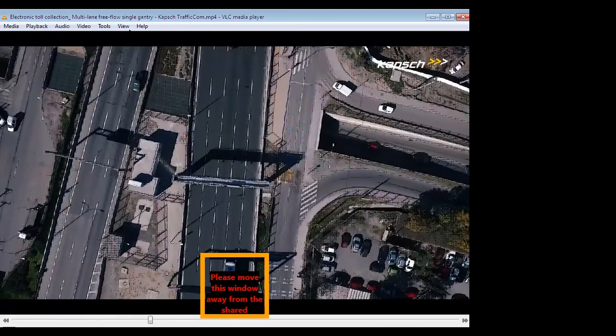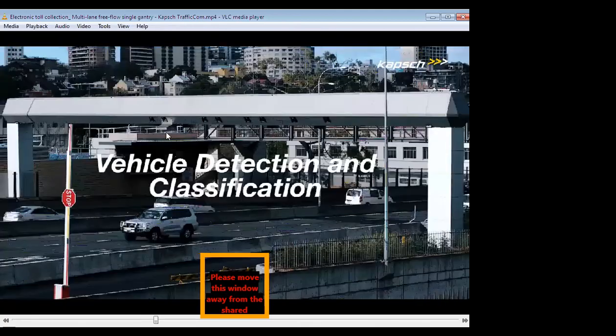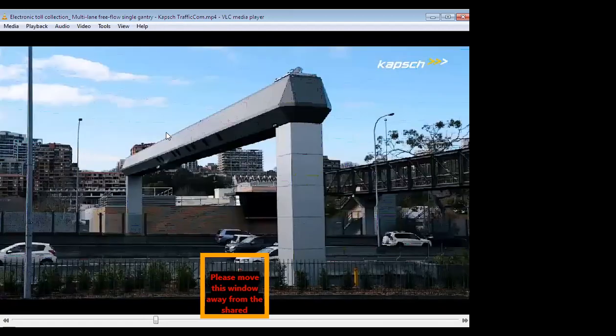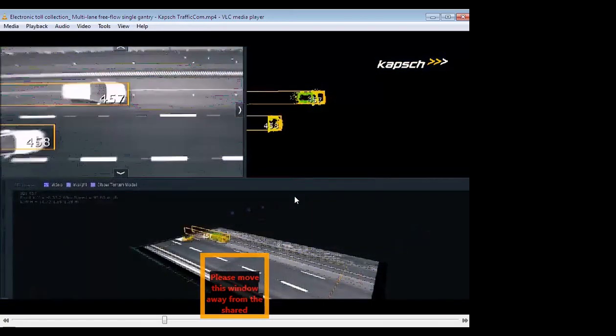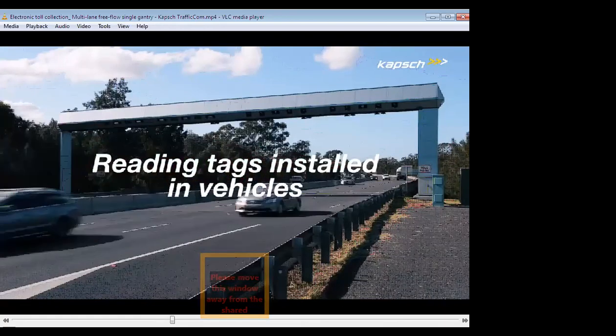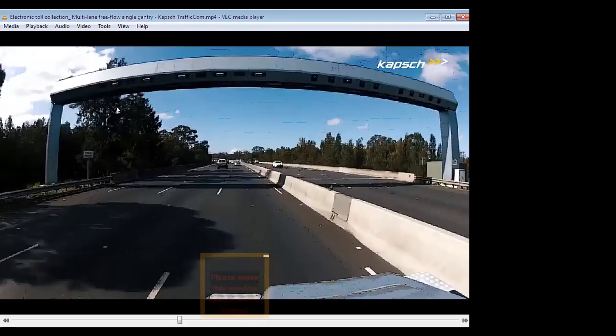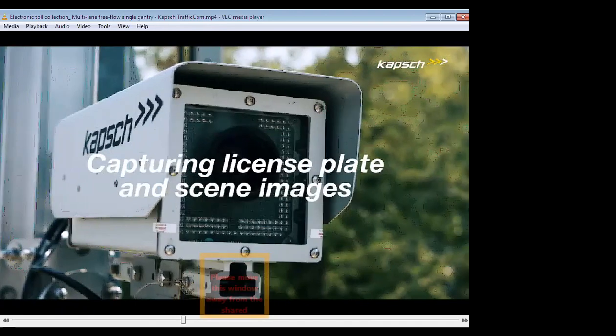The CAP single gantry performs three main processes. First, vehicle detection and classification. All vehicles passing through a gantry are automatically detected and classified to determine the toll rate. Second, reading tags installed in vehicles passing the gantry and determining which vehicles carry a tag and which don't. Third, capturing license plate and scene images.